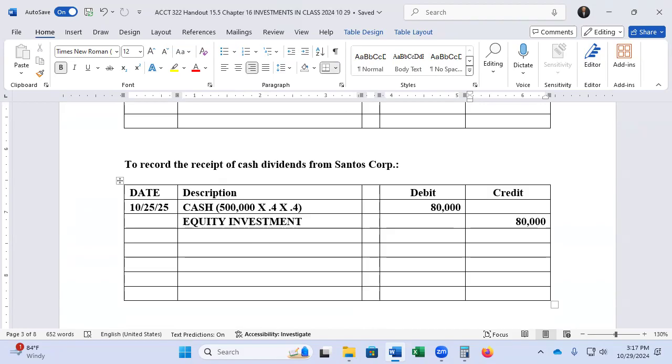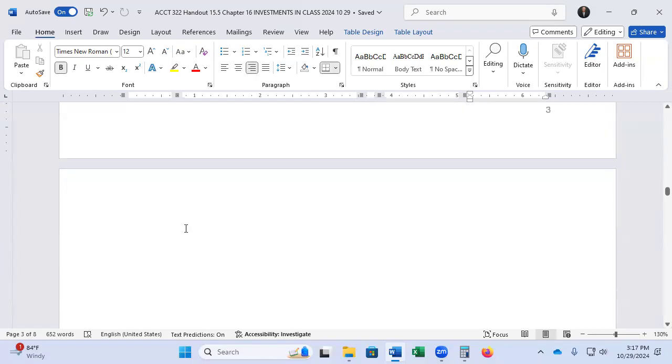Doesn't change the actual purchase price. Any questions there?